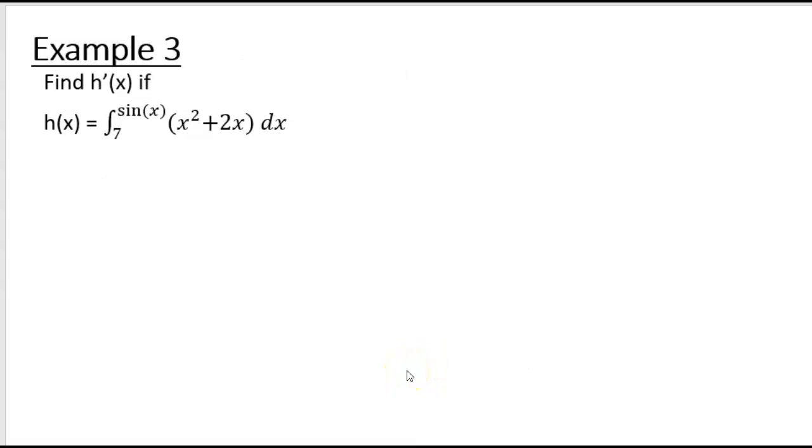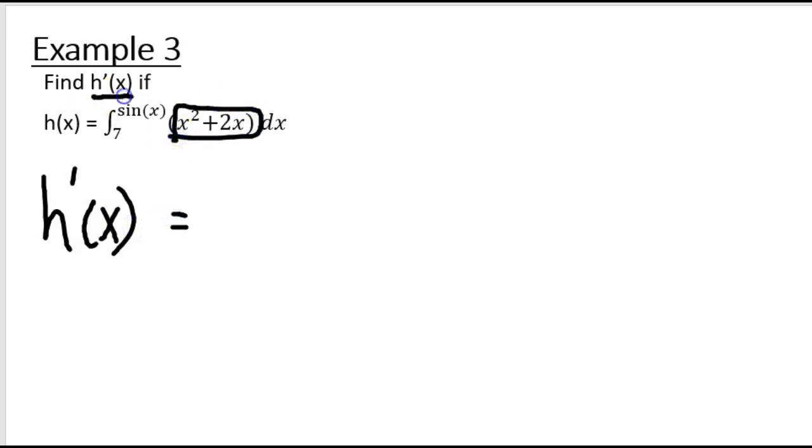Okay, so let's do this one here. Now, the only reason why this one's a little bit different is just because it's got 2 x's in it, but that's really not that big of a deal. So I want to find the derivative of h. And since h is a composite integral function, I know I'm going to be integrating this, but then right afterwards taking the derivative.